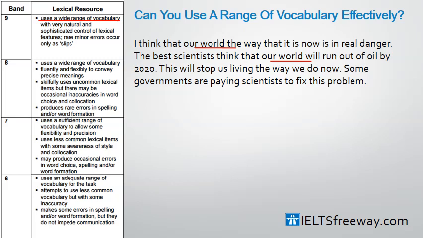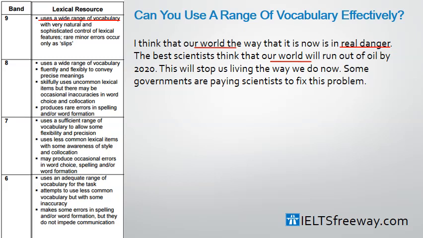Maybe planet, globe, the place we live in, the land. Using different words rather than just using world helps us show a range of vocabulary. So that's something to think about. What about the next one? Real danger. Can we think of anything better than real danger? Well, doomed would be an appropriate one.